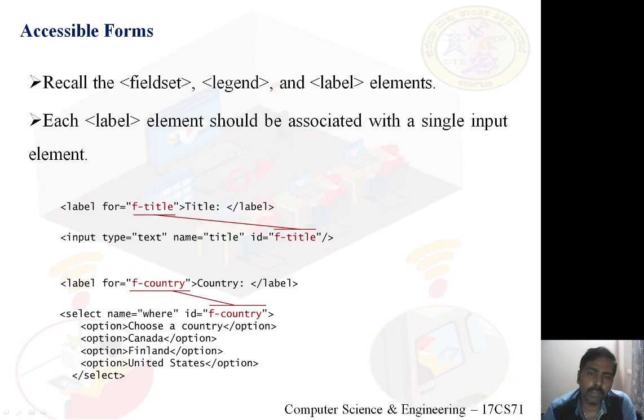To give a label for the text box and select menu with identifications f-title and f-country, I need to make use of the label tag with the attribute for, and its value being the respective identifications of the text box and select menu. You can see this in the code fragment, and this is how I can make the fields of the form accessible.